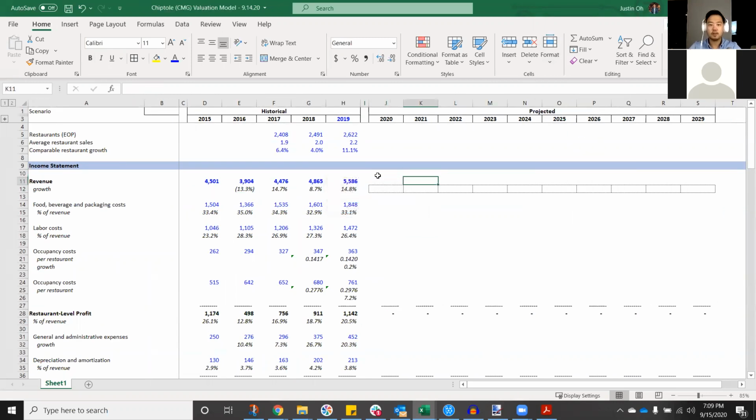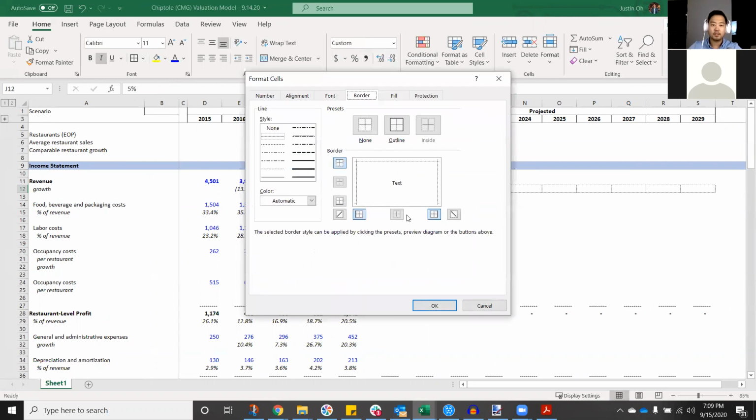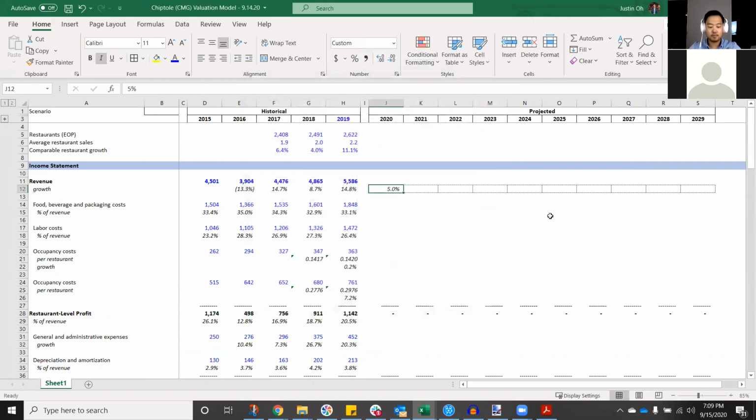Okay, so let's just assume for now that we don't want to drive the model like this, and we talked a lot about that last time, but we just want to put placeholder numbers here, just so that we can drive this and hook it up.